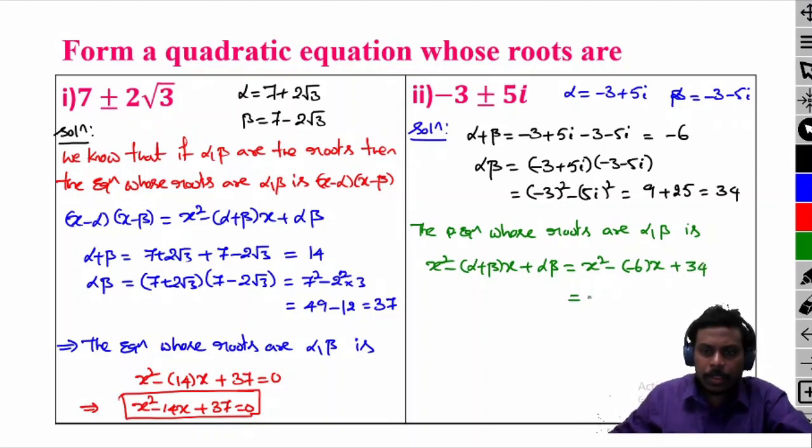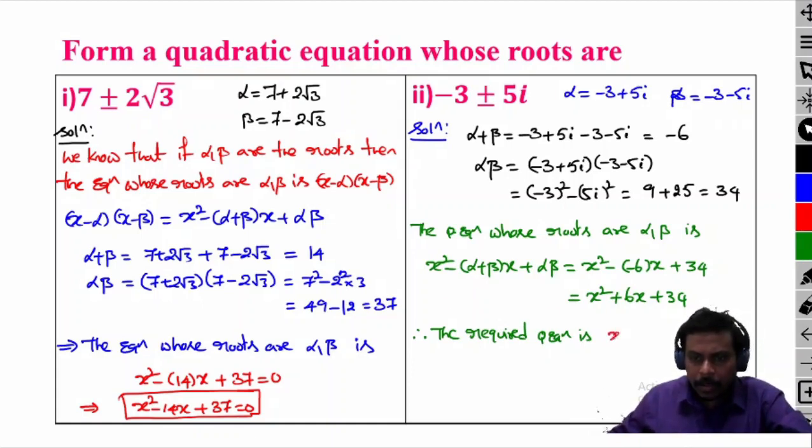So this is x square plus 6x plus 34. So therefore the required quadratic equation is x square plus 6x plus 34 is equal to 0.